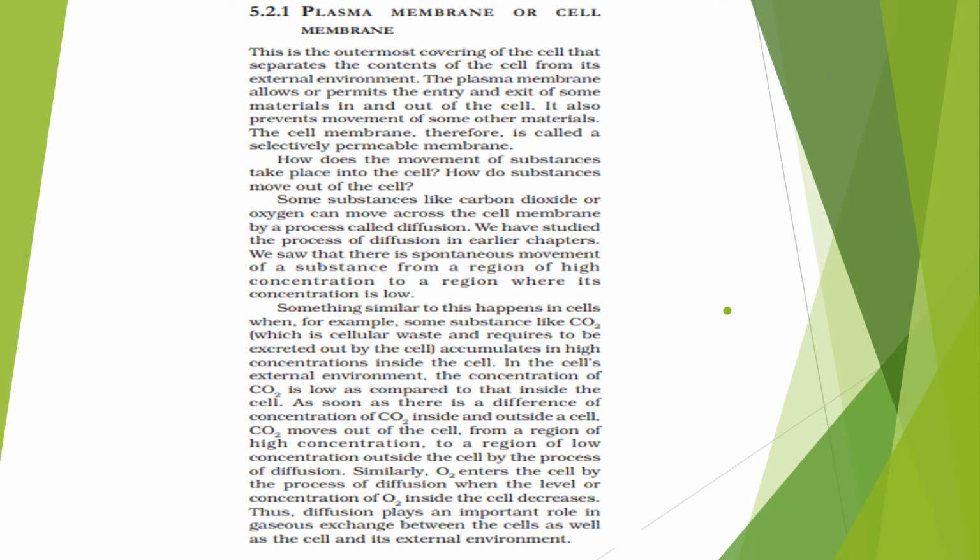Similar things happen with oxygen. Oxygen should go inside the cell. So whenever the oxygen concentration inside the cell is less and the oxygen concentration outside of the cell is more, then oxygen will go from the higher concentration to the lower concentration area, meaning into the cell.